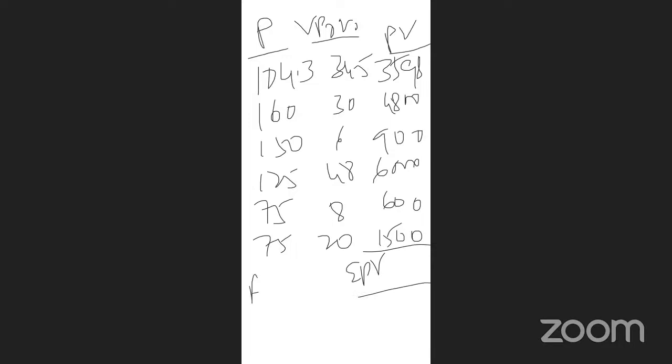Now the family budget method. Under this, sigma PV divided by sigma V. This total is already, you got it as 146 something, no?